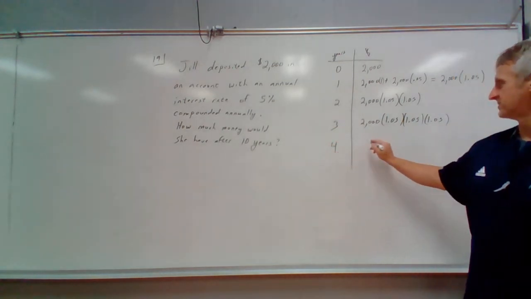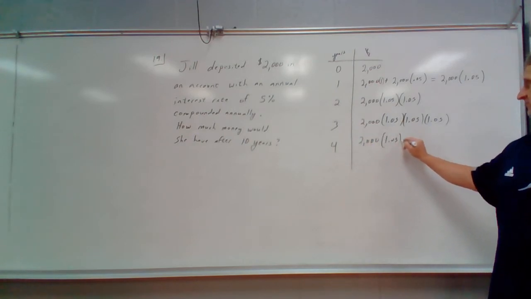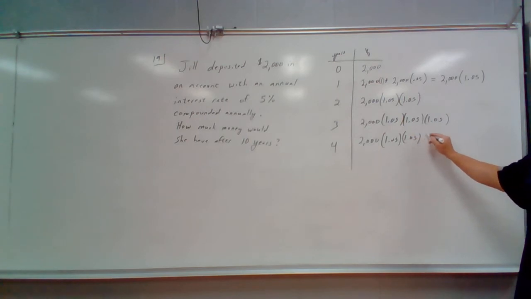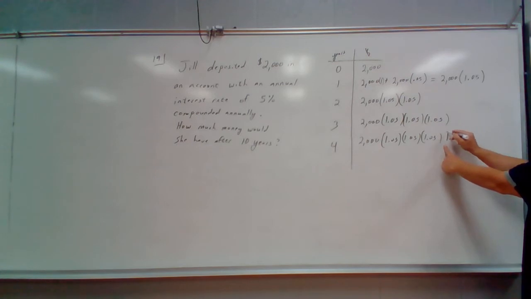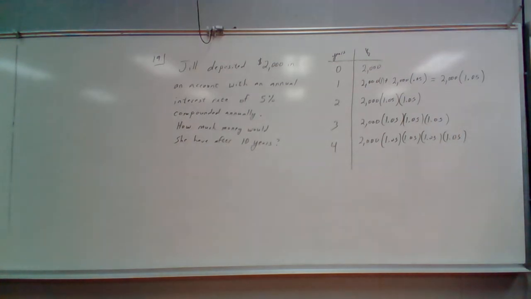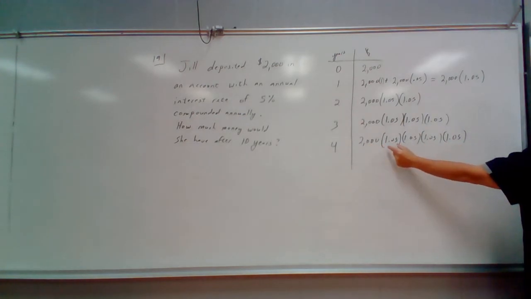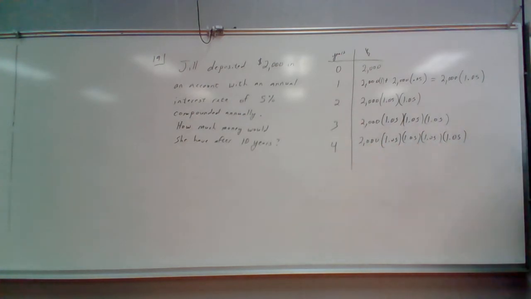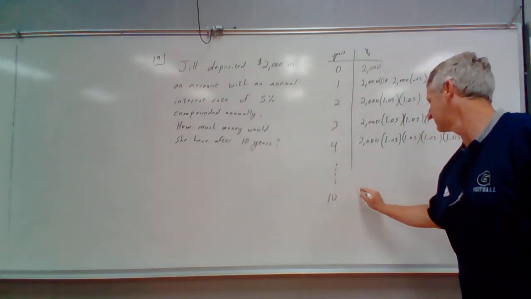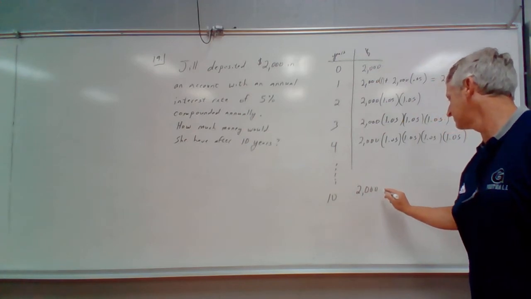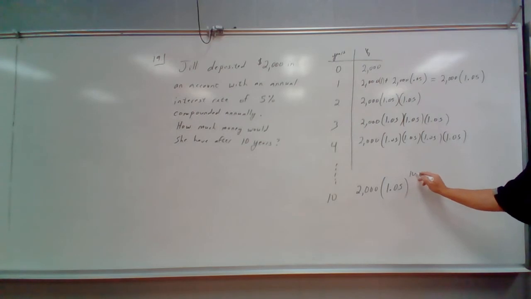Then after 4 years, we would do 2,000 times 1.05, 1.05, 1.05. That's how much she has in there, and we would multiply by another 1.05. Okay, so you see what the pattern is, right? I'm doing 2,000 times 1.05 raised to the 1, 2, 3, 4, raised to the number of years. So after 10 years, she would have $2,000 times 1.05 raised to the 10th.